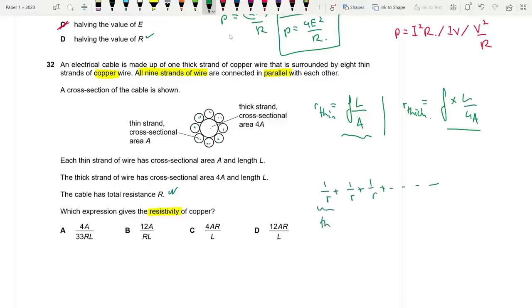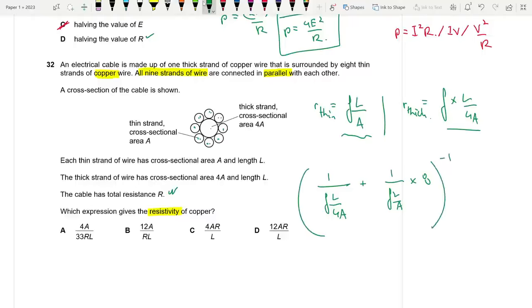Thick one once and thin 8 times. So essentially it's 1 divided by rho L by 4A once, and 1 divided by rho L by A, which basically happens 8 times. So to simplify things, we can just multiply by 8 over here.